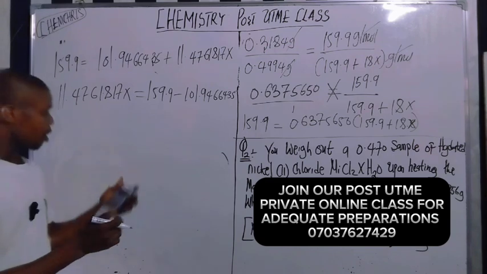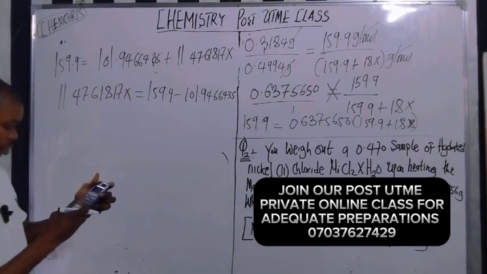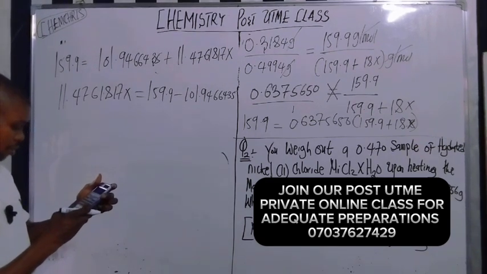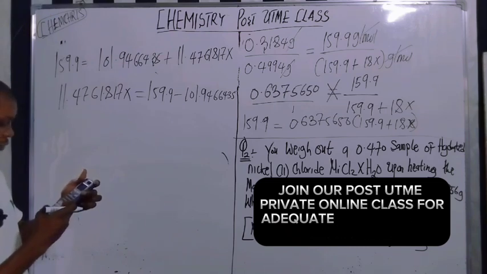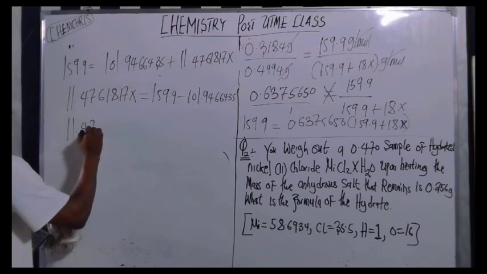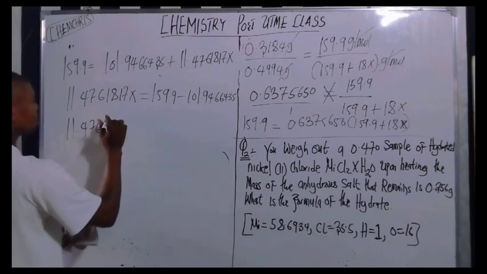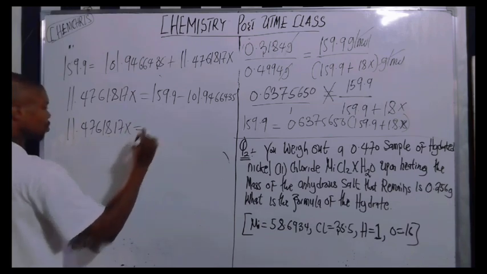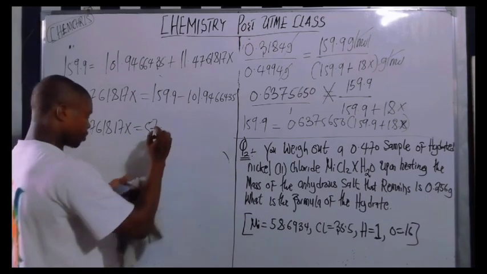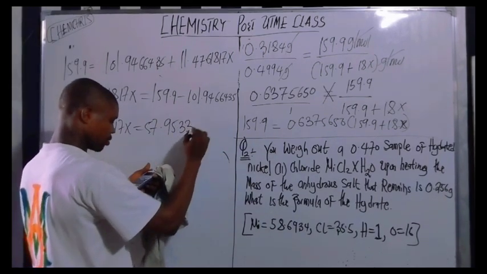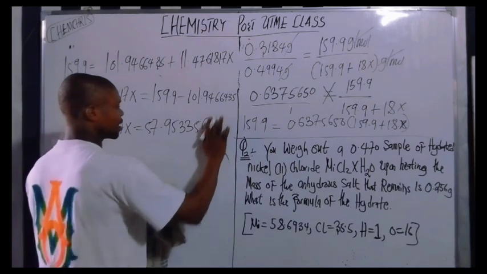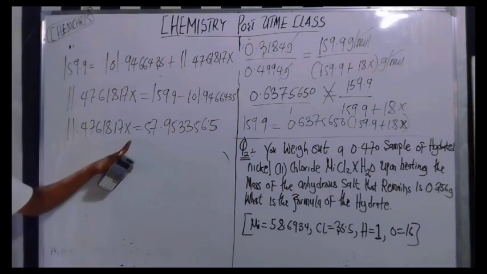So let's subtract it. 159.9 minus 101.9466435. 11.4761817x equals to 57.9533565. So what I want to do here is make S the subject of formula.